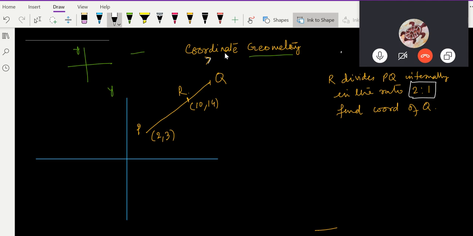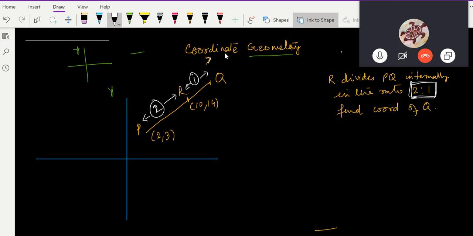This ratio 2:1, PR is m and RQ is n. So m is 2 and n is 1. PR is 2 and QR is 1.